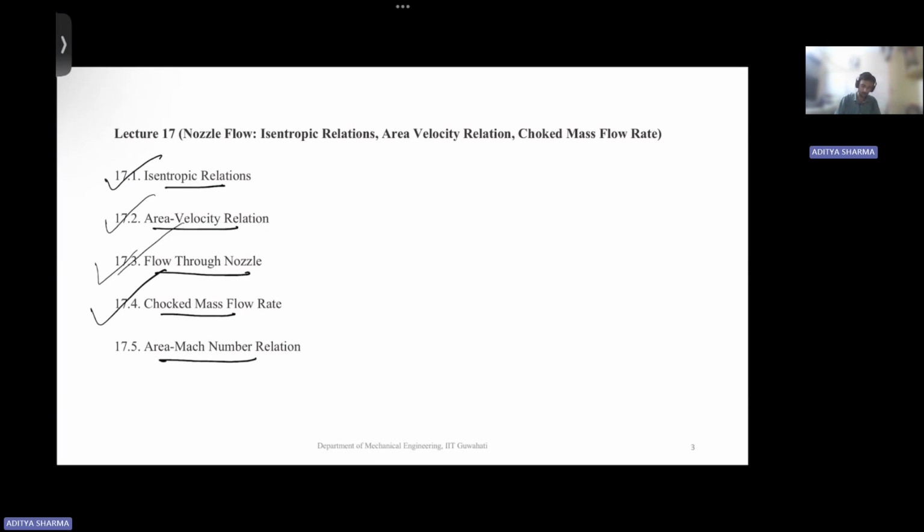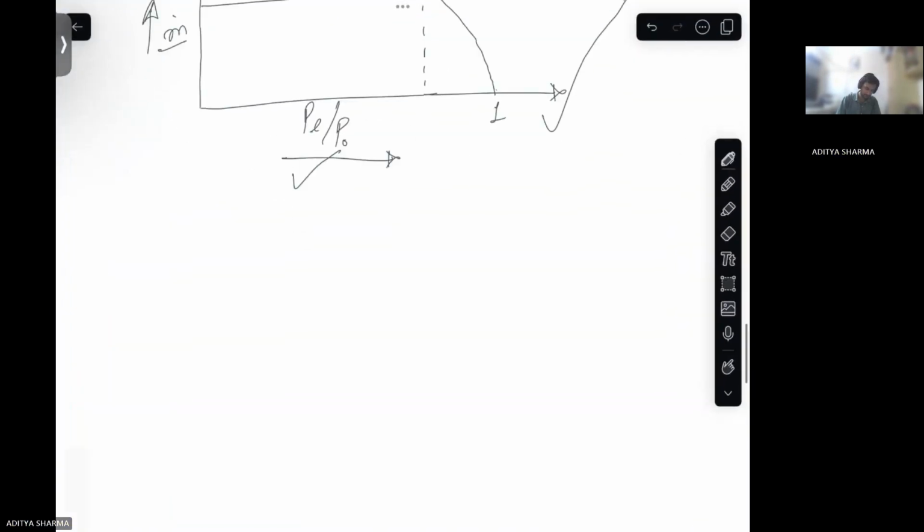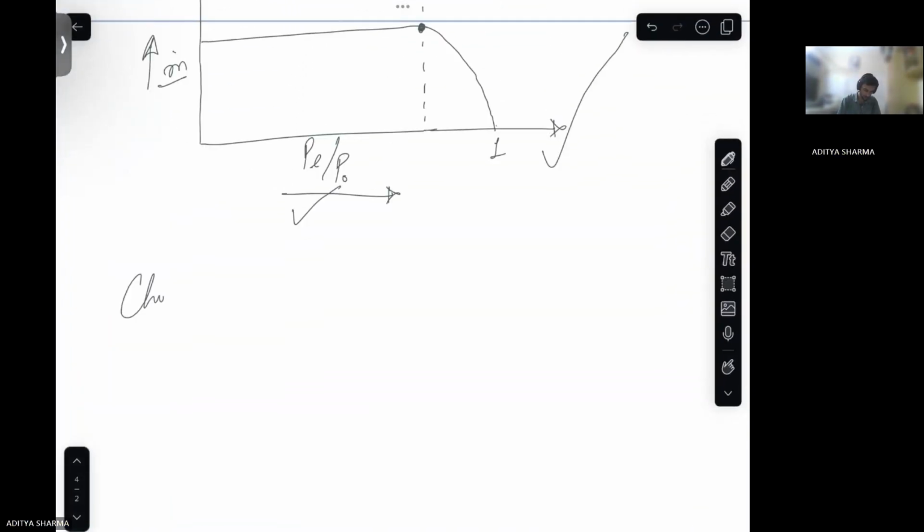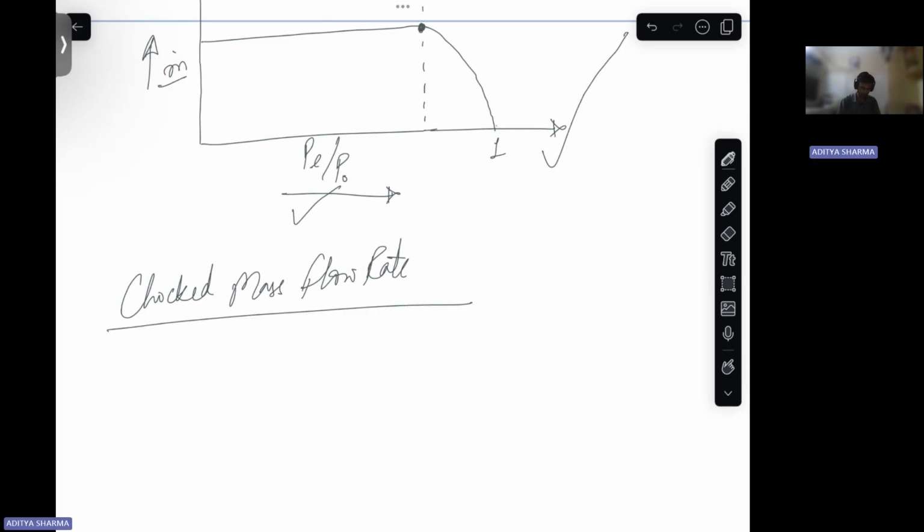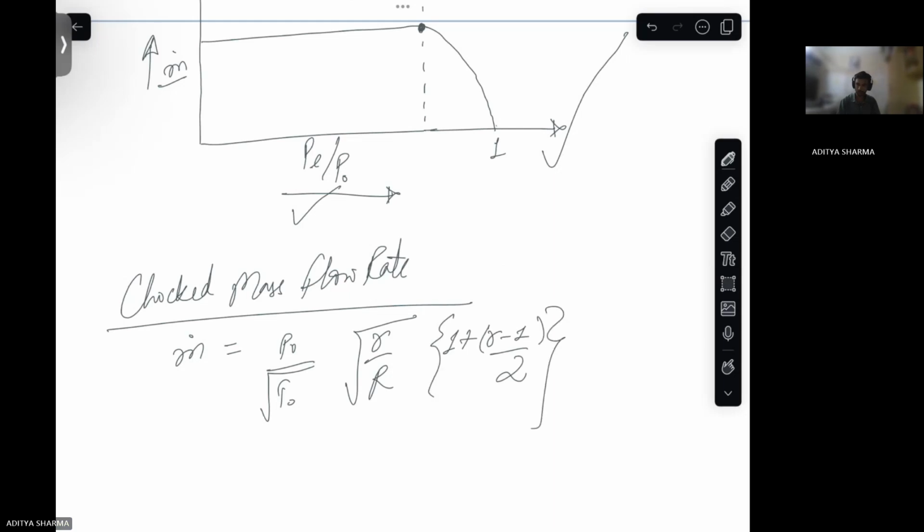Since I have discussed it, the expression for choked mass flow rate has been given, which is P naught by root of T naught, root of gamma by R, times 1 plus gamma minus 1 by 2, to the power minus gamma plus 1 by 2 gamma minus 1.